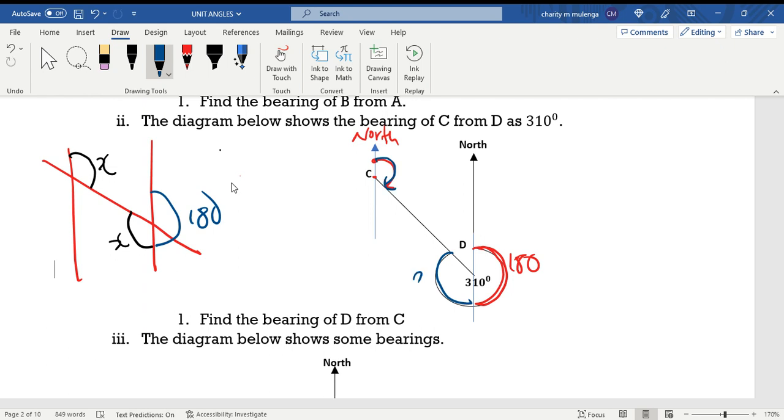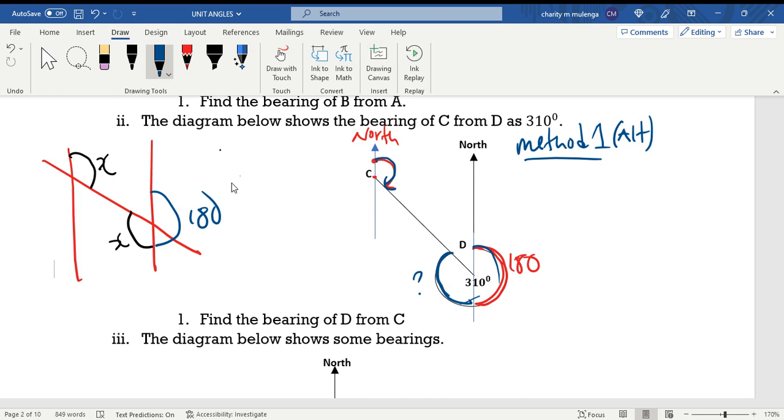So how do you find that angle there? 310 is the full angle here. So to find this angle, we're using method one, alternate angles again.